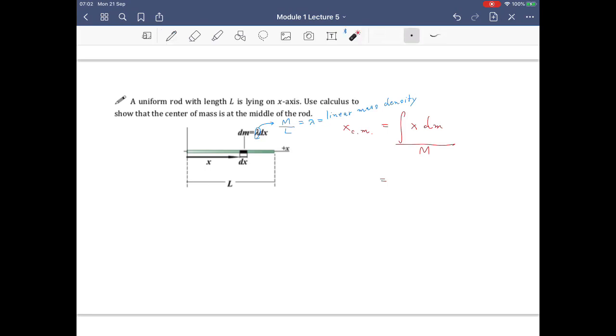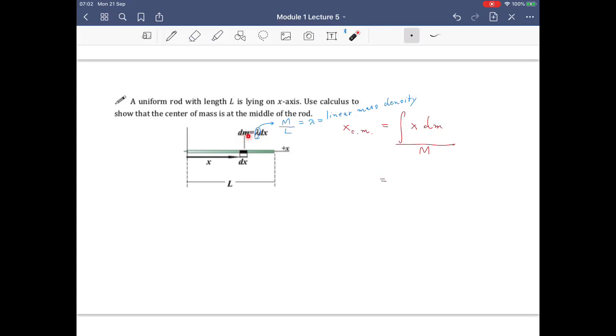It is mass divided by the length. You might have heard of the word density before. Normally we talk about mass divided by the volume, that is the volumetric mass density. In this case it is just the mass divided by the length, so that is what we call linear mass density: how much mass there is in 1 unit length of the rod. And in this case this lambda, the linear mass density, is a constant.